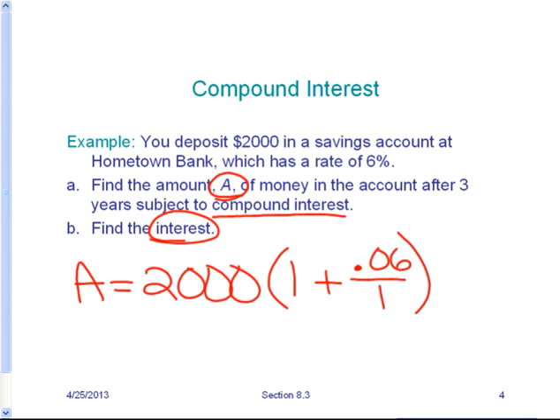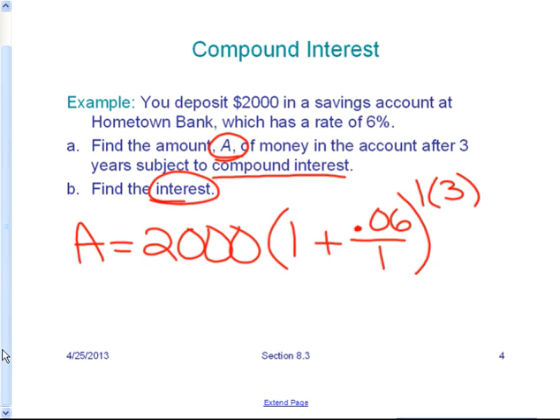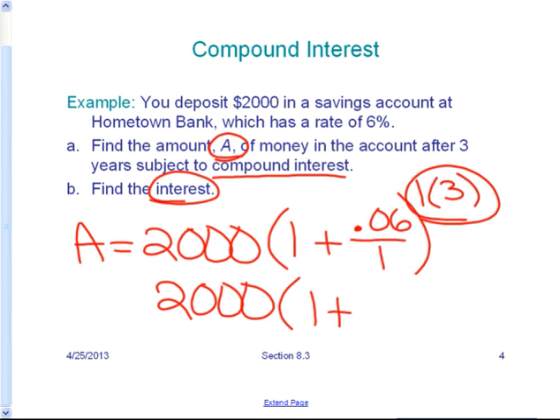Raised to the N times T. We already decided that N was equal to 1, and it's for 3 years. So here's how you do this problem. You need to start with the exponent. 1 plus, by the way, 0.06 divided by 1 is 0.06, and 1 times 3 is 3.